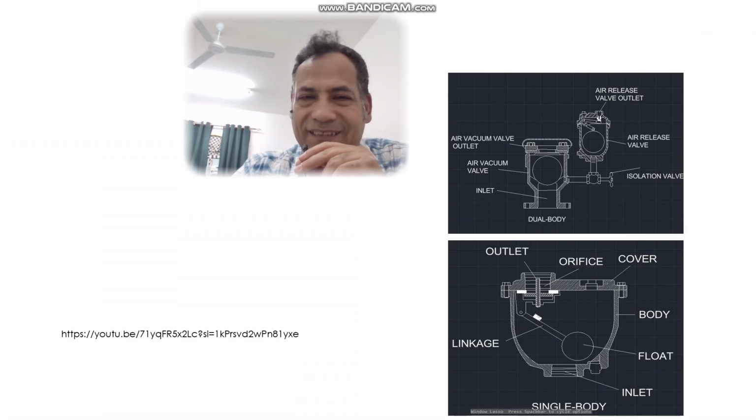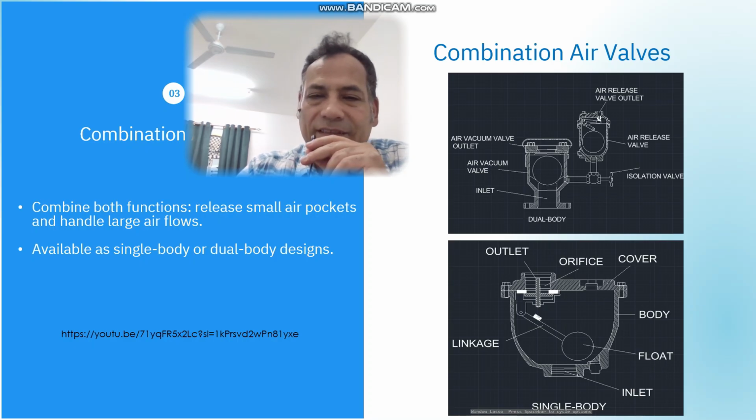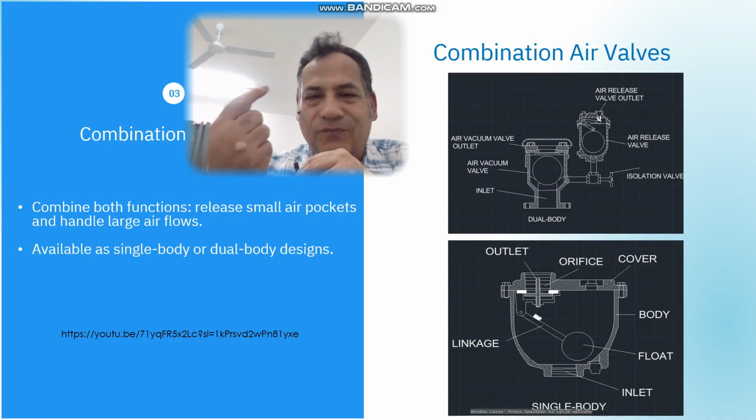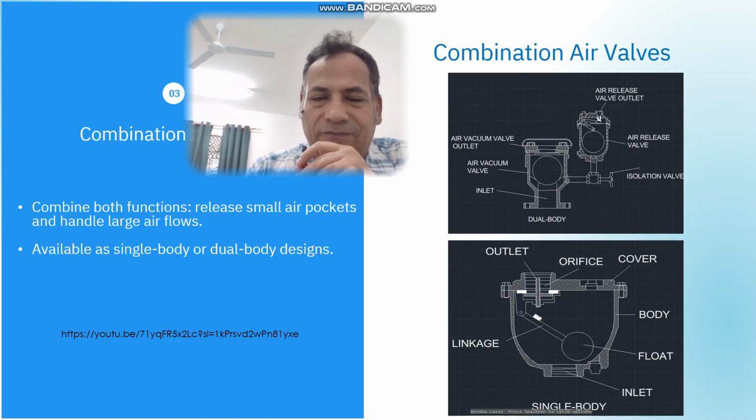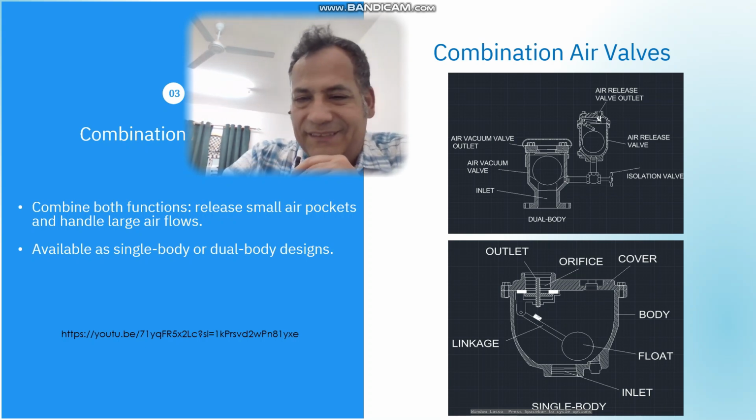Another one is the combination air valve. If you see this name, you can understand easily, because they merge the two previous types of air valve into one valve. This type of valve can do the duty of both of the previous types of air valves.